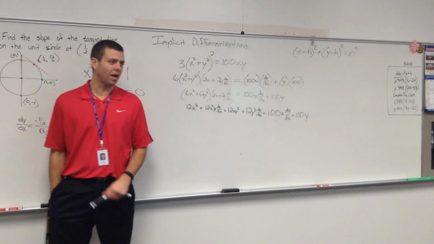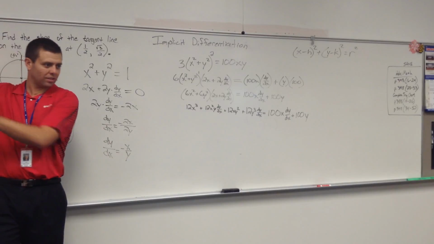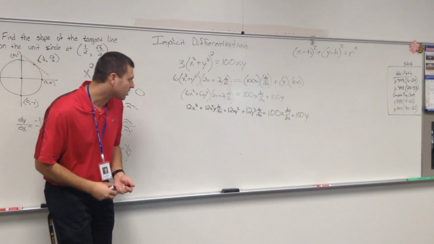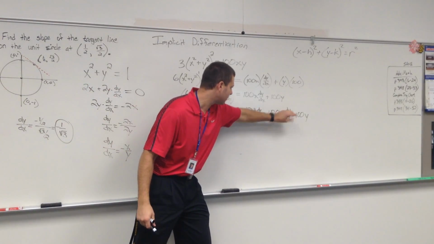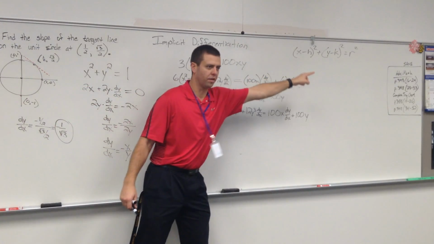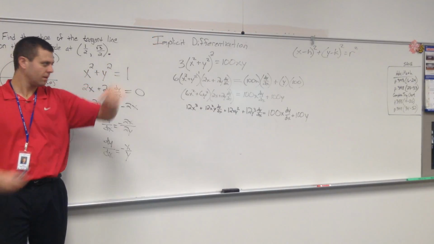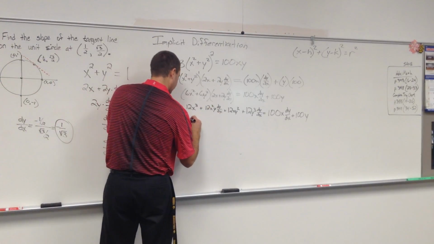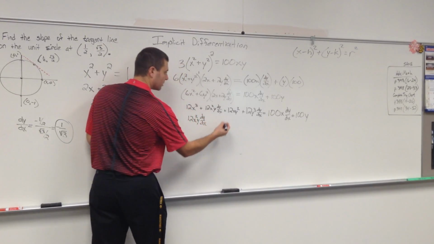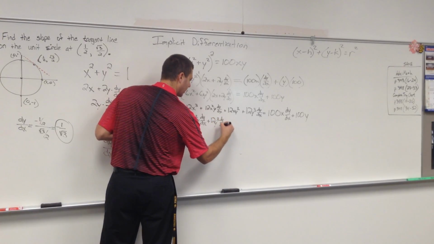Now if I'm trying to solve for dy dx, I need to get all my dy dx terms on the one side and all my terms that don't have dy dx on the other side. So I'm going to move this term over here, and this one and this one over there. I'm going to keep this one right here, so that will give me 12x squared y dy dx plus 12y cubed dy dx.